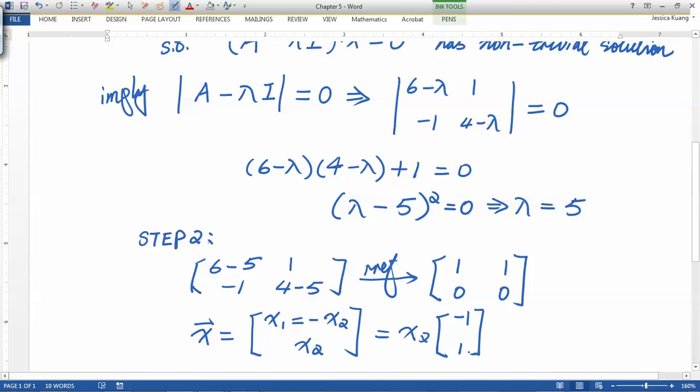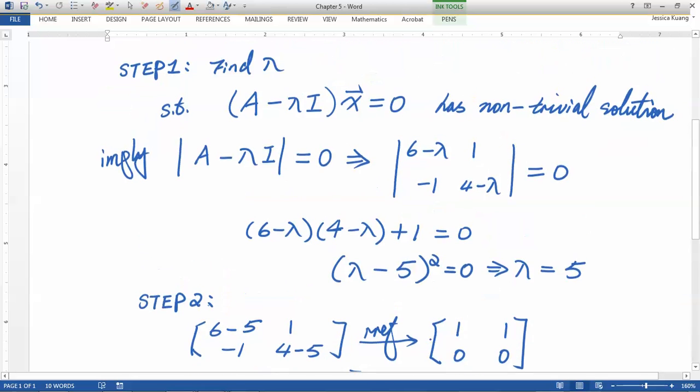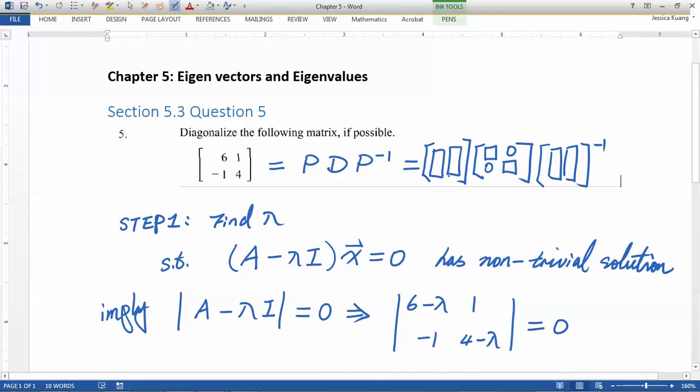Notice I only have one eigenvector in this case, which is negative 1, 1, and I actually need two distinct eigenvectors, so I could find the inverse.